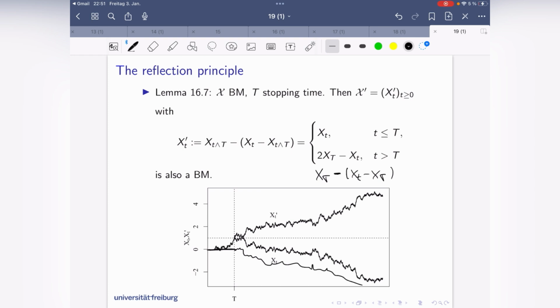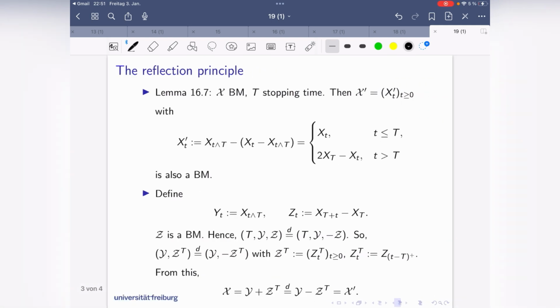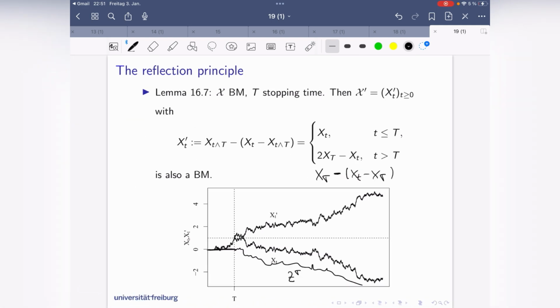So that is my Z capital T. And Y is the same as X until here, and then just stays. So this here is my Yt. The idea being that Yt plus Z capital T is Xt, as you can see here. And Yt minus Zt is the Xt prime. And I have to show that Yt plus and minus Zt has the same distribution.